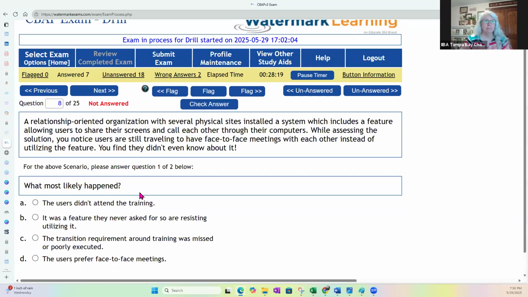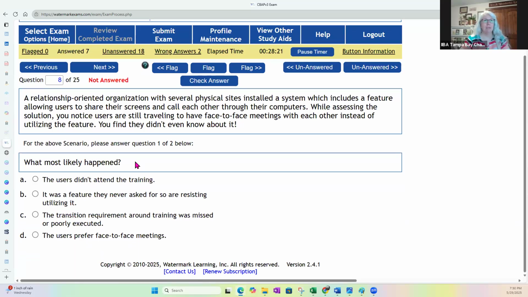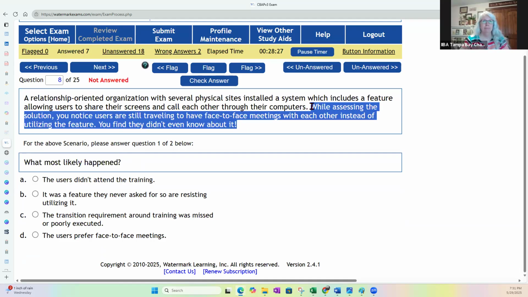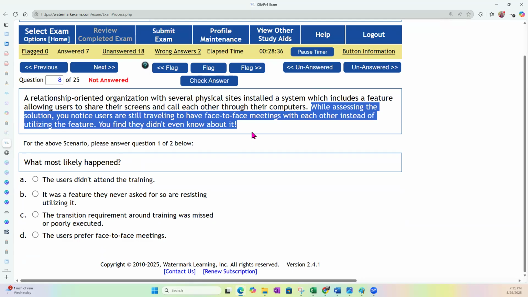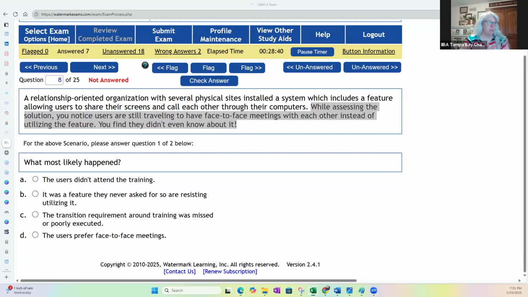So question 1, what most likely happened? If you're asking this question and you have a limitation or a problem, is this limitation or problem in the solution or outside of the solution? Outside of the solution. So we know that this is going to be an enterprise limitation, not a solution limitation.